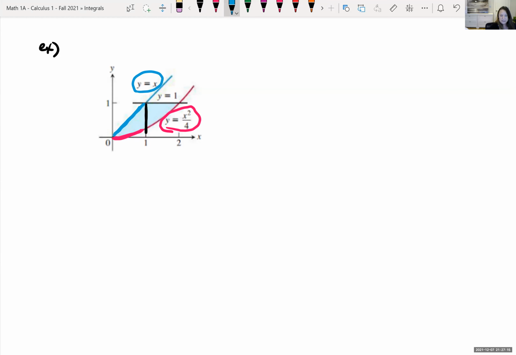So I'm going to have to break this up into a couple different integrals. So if I'm looking at the area of this first piece, this is equal to the integral from 0 to 1. My upper function goes first, which is x, minus my lower function, which in this case is x squared over 4, dx.